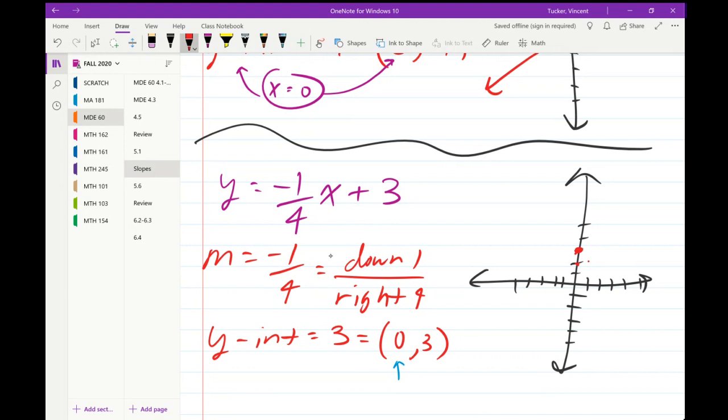So you grab (0, 3). Go nowhere for x, but then up 3. That's right here. Now from your y-intercept, you go down 1 and then right 4. That'll be right here.